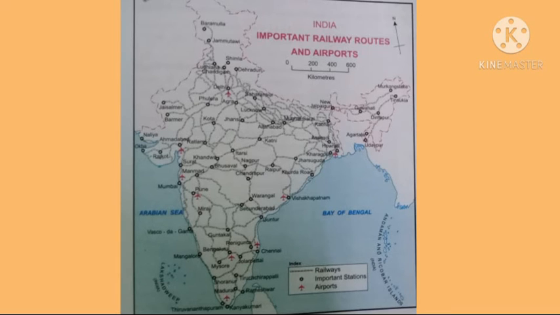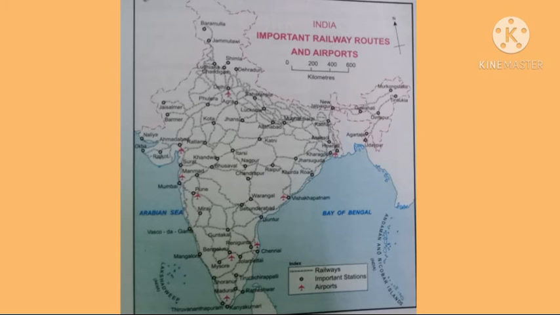Now, next question: name the southernmost railway station of India. So, please look into the map. The southernmost railway station we can see here is Kanyakumari. Fifth question: which is the important railway station on the route of Mumbai Mangalore?